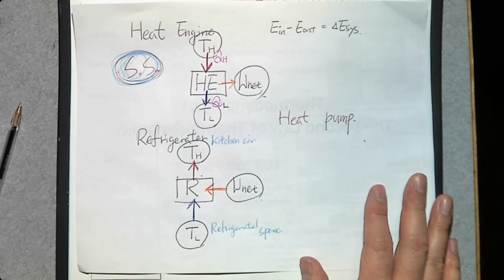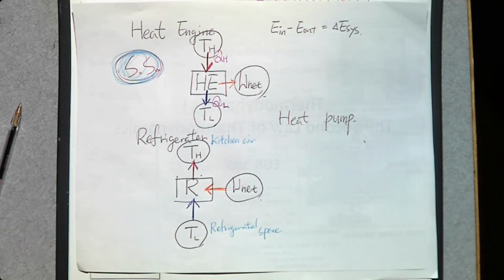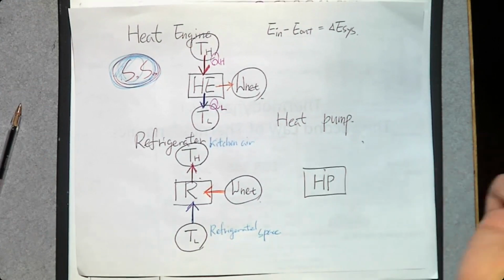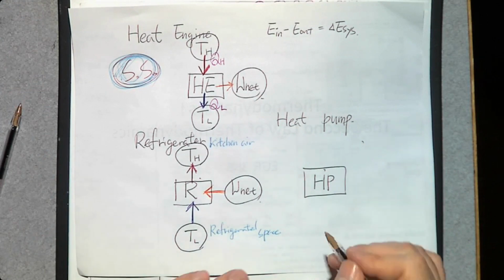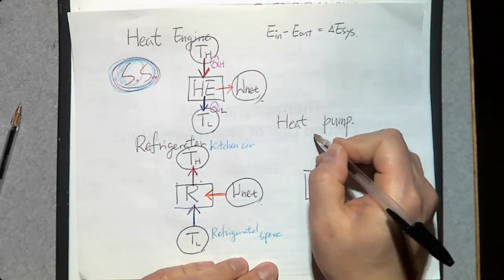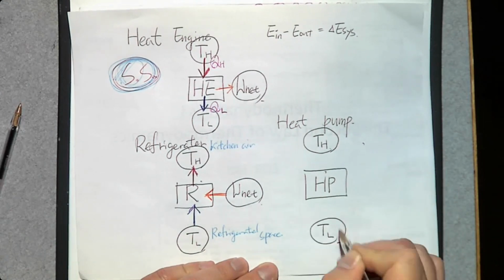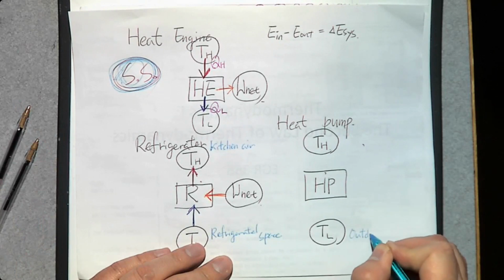What is a heat pump? A heat pump is a heater we use in winter to heat a house, right? So how does a heat pump work? It has two thermal energy reservoirs. One is low temperature. The other one is high temperature. Low temperature is going to be outside, outdoor.